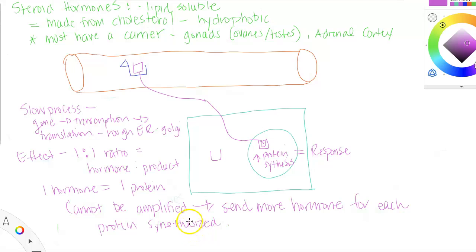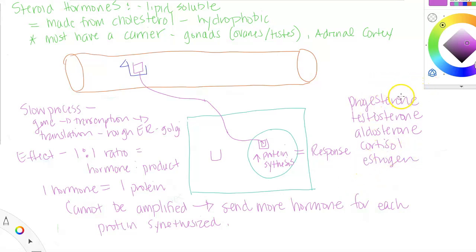So that's how steroid hormones work. That's how things like progesterone, testosterone, aldosterone, cortisol, and estrogen work.